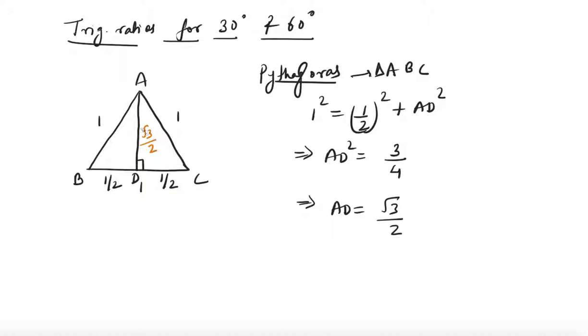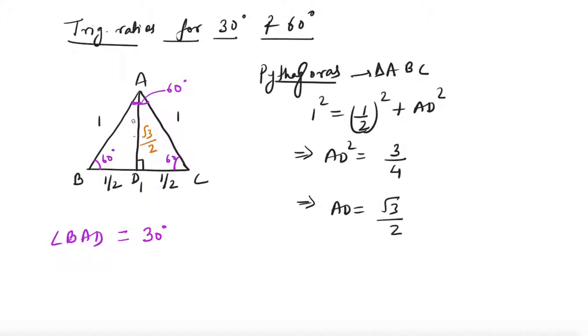It is very well known that in an equilateral triangle, each of the angles measures 60 degrees. So this angle is 60 degrees, this is also 60, and this complete angle will also be 60 degrees. But if I ask you the value of angle BAD, that is this angle, can you tell me? Yes, obviously this will be 30 degrees.